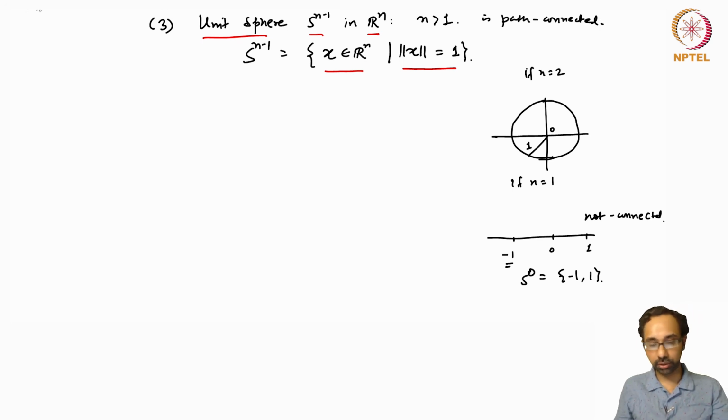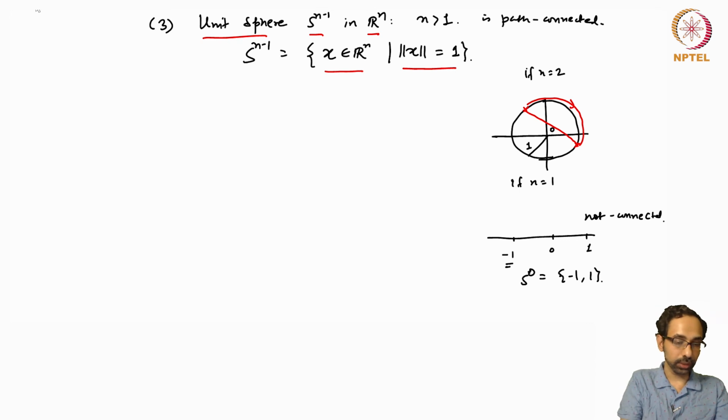Here we cannot use the previous argument that we used for, for example, the open Euclidean ball, because if you take two points, let's say here and here, then the straight line joining these two will not lie on the circle. So we have to find another path, which traverses the circle in the case n equals 2, and it should always lie on the unit sphere. For this we will use the previous example.